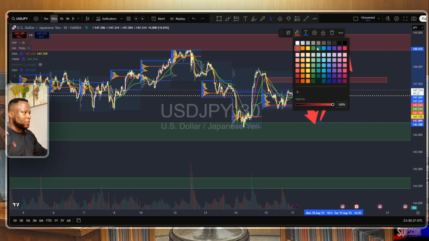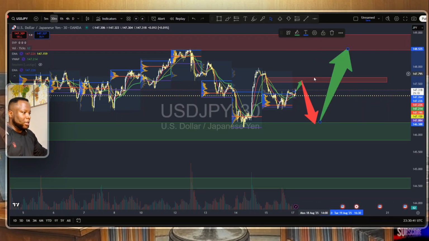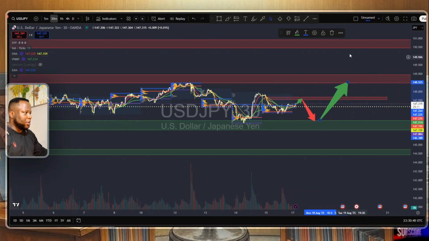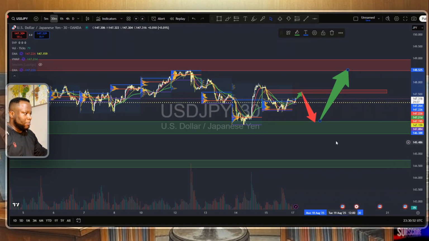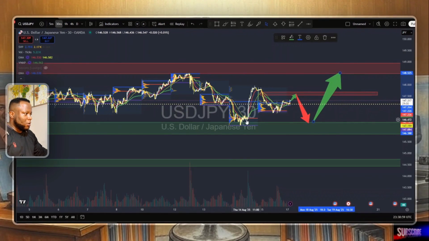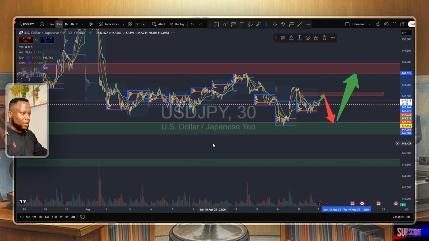So that is what I have for the US dollar Japanese yen: buy zones, sell zones, resistance zones, supply zones, and a third supply zone all the way up right here. Another buy zone at 144.50. But what I'm looking at for the coming sessions of the coming week is 146.40 or 146.57, give or take that area.